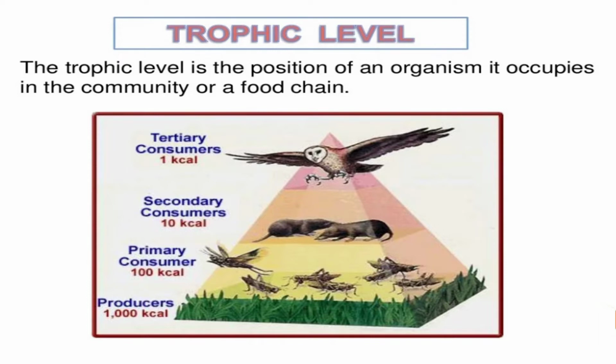The trophic level is the position an organism occupies. First of all we will see the producers, next the primary consumers, secondary consumers, like this way, and then the tertiary consumers.